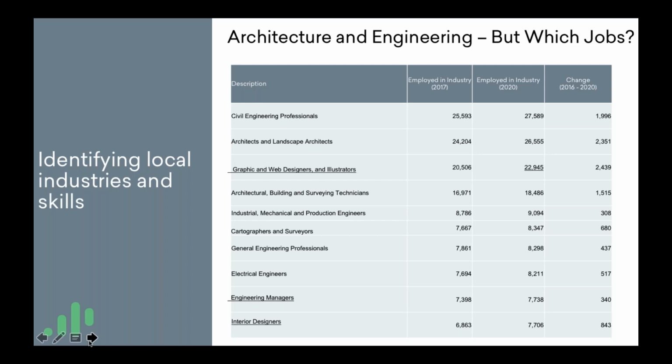So obviously an engineering specific job, but a manager within that sector is going to need a very different skill set and therefore a very different set of training to that of a general engineering professional or an electrical engineer, for example. So is your management portfolio, your management courses set up with any understanding of what engineering needs from its managers? This is why it's really useful to know what sits below the high level industry data to really get to grips with what's going on.